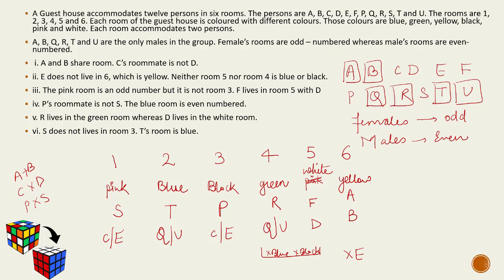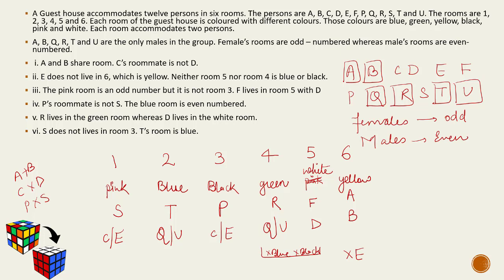So in room number 1, along with S we can have either C or E. Same goes with room number 3: with P we can have E or C. In room number 2, with T, either Q or U can come. And in room number 4, with R, Q or U can come.